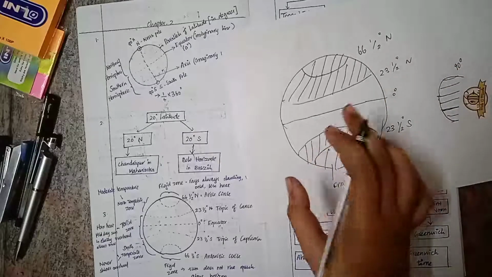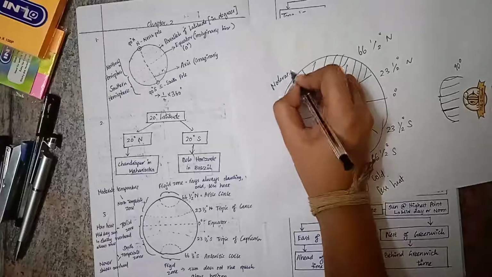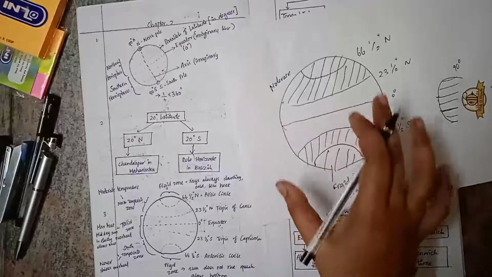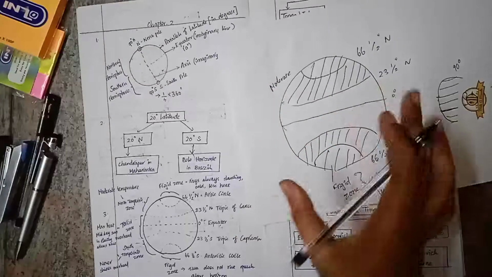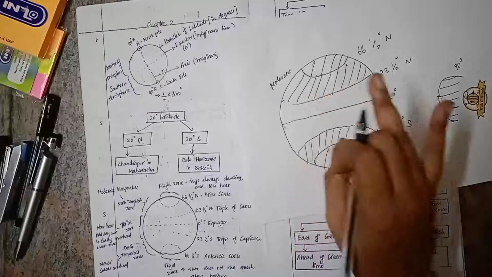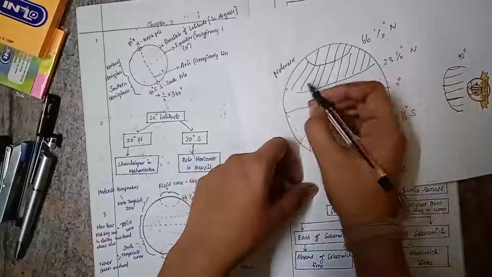In the temperate zone the temperature is always moderate. The sun never shines overhead here, and compared to the frigid zone the temperature is moderate.